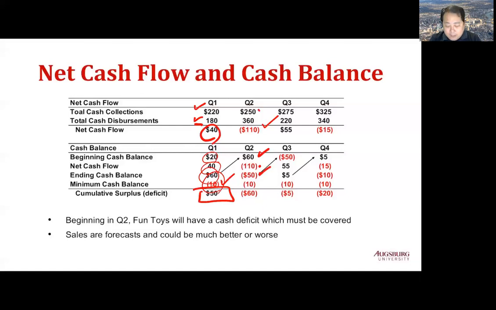Since we must have 10 million cash, we have a cash deficit of $60 million. We use the same way to get cumulative cash surplus or deficit in quarters 3 and 4, which are 5 million and 20 million cash deficits in each quarter.